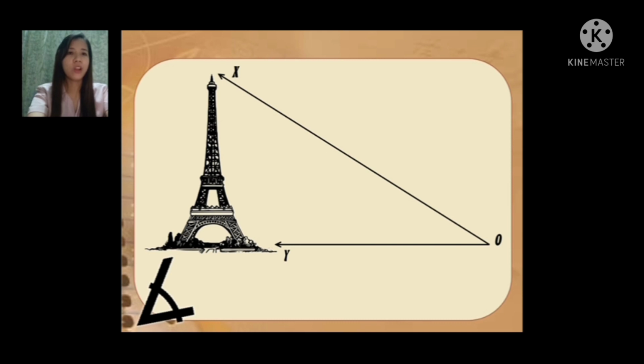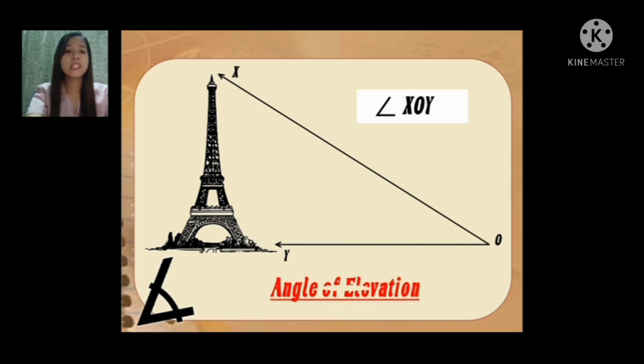Next illustration. What angle is formed? It is angle XOY or angle YOX. Does it represent an angle of elevation or an angle of depression? It represents an angle of elevation.